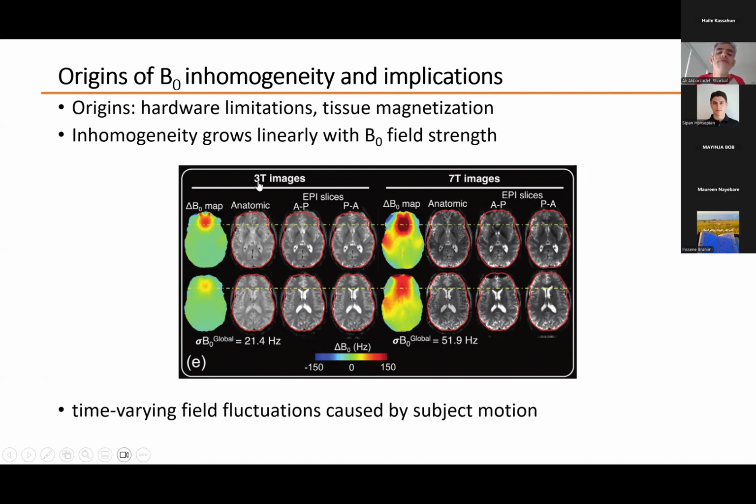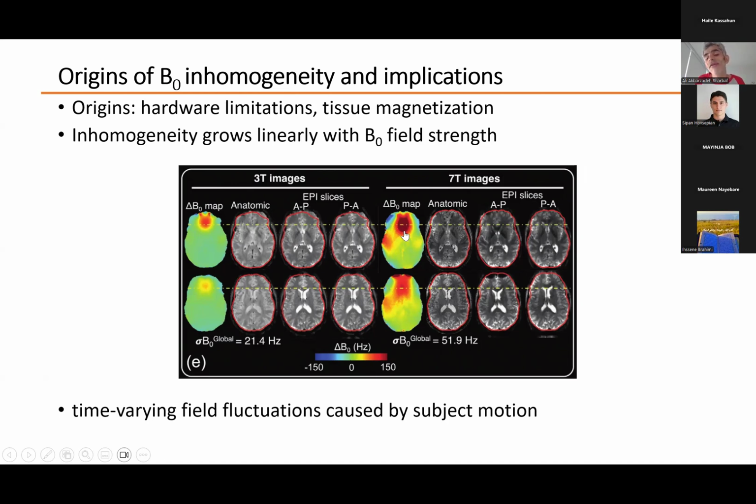For example, here we have images from 3T MRI and 7T MRI. You see the B0 shift in the 3T is much lower than the 7T. In particular around the nasal cavity, around the ear canal, we get a much worse shift.